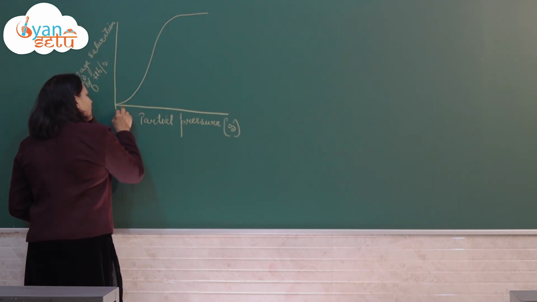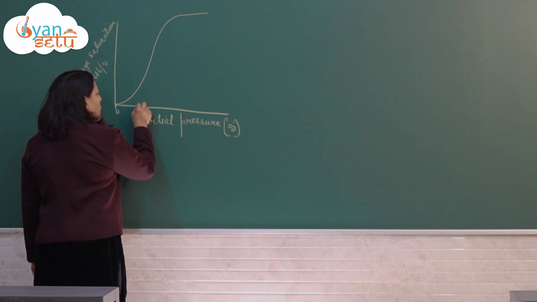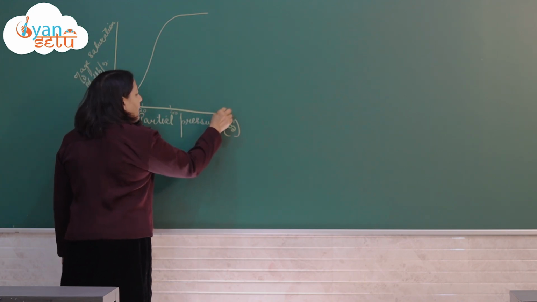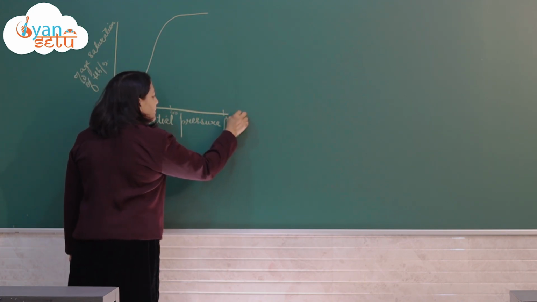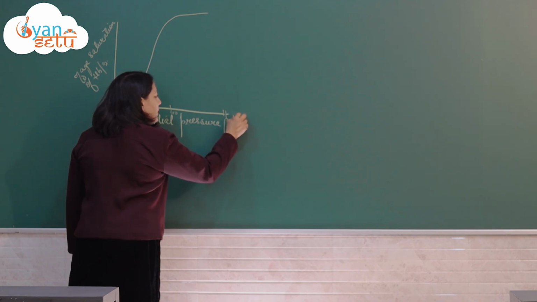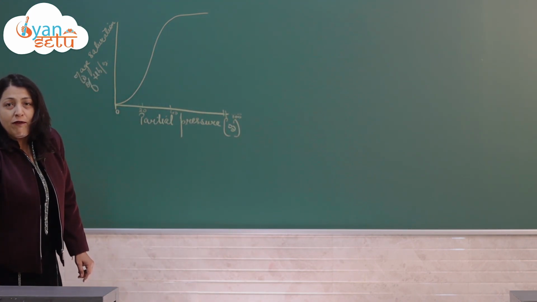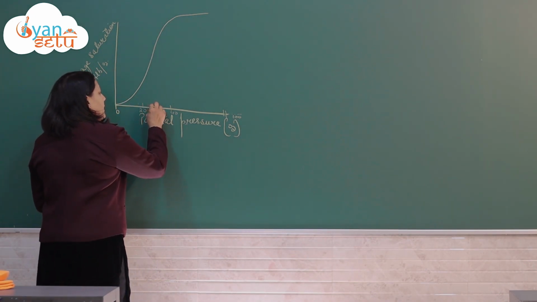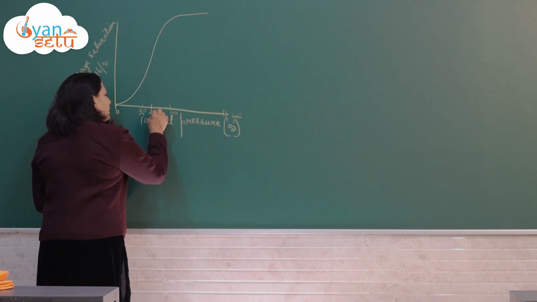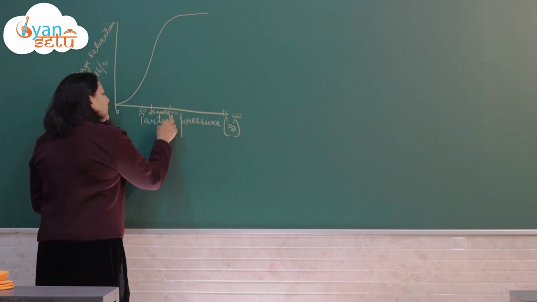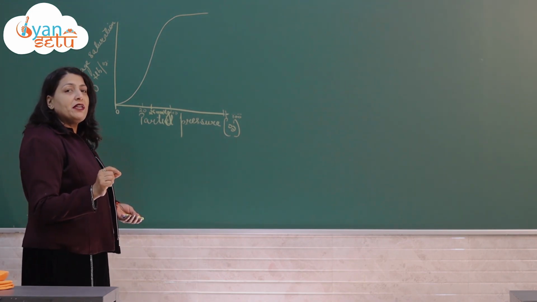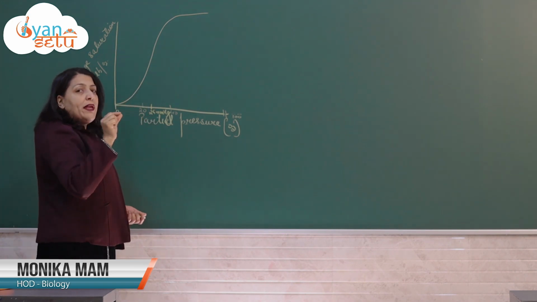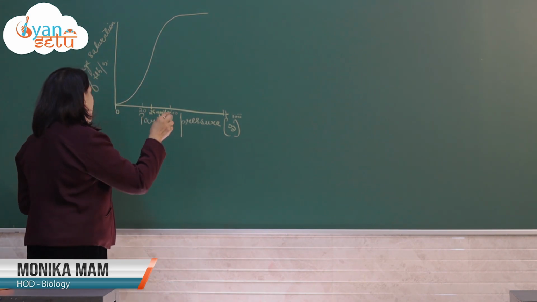If we take the partial pressures as 0, 20, 40 and so on till 100, we will see that when the oxygen partial pressure is 25 millimeter of mercury, the hemoglobin is 50% saturated.